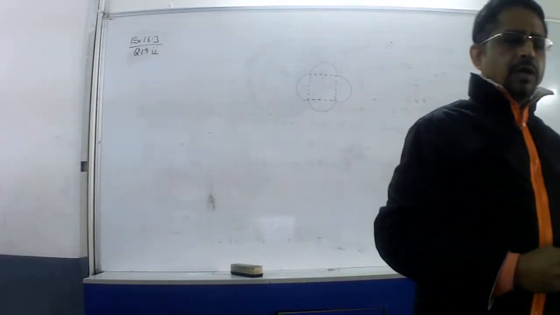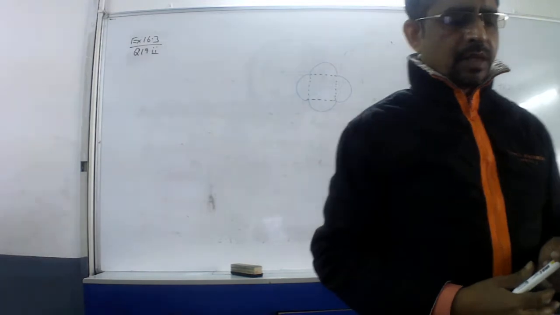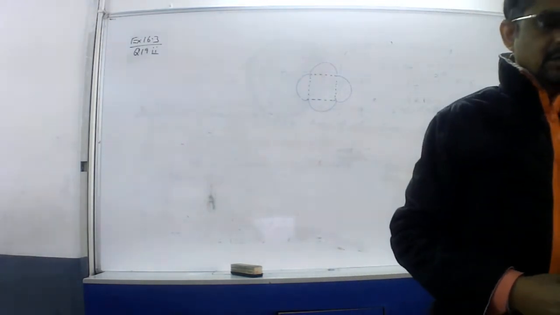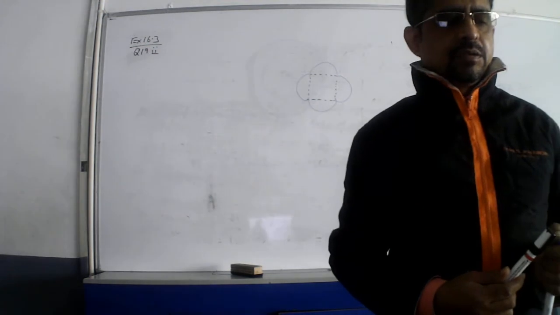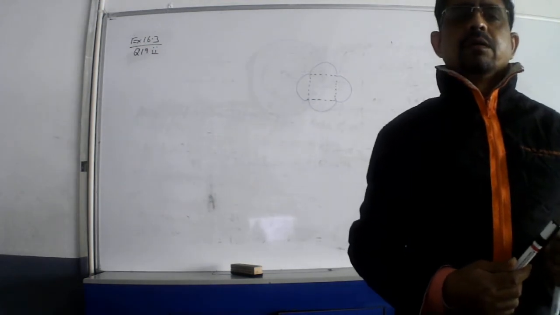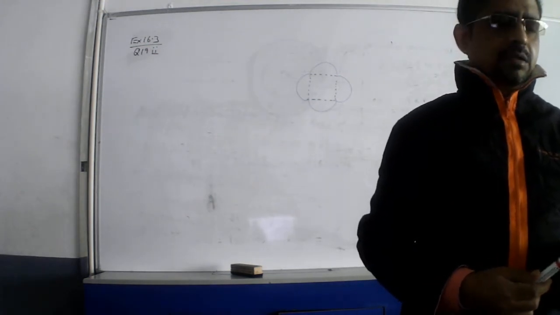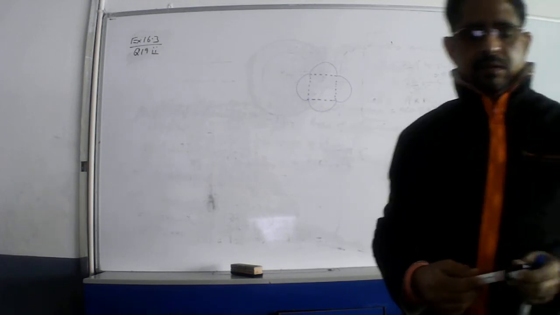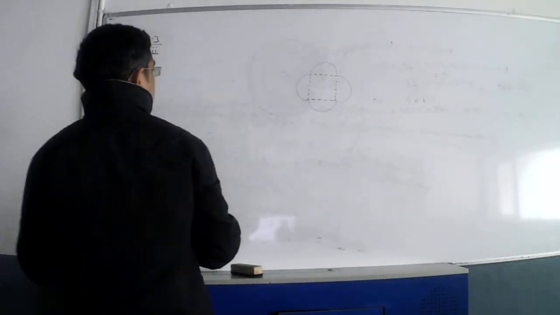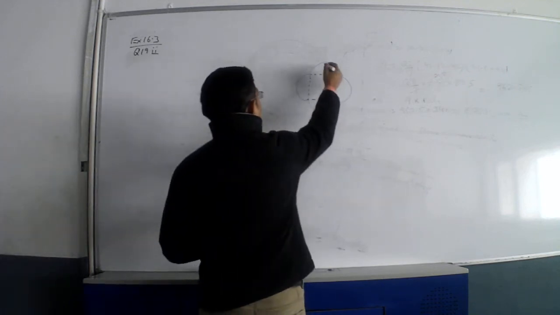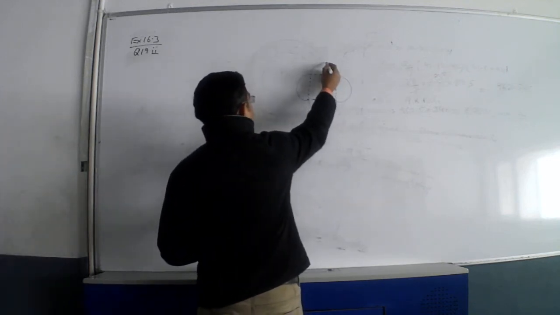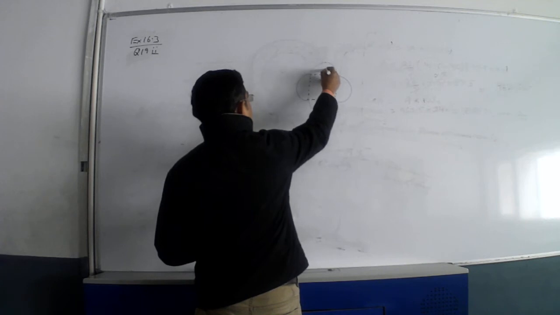Now what values are given in the question? If you notice, you are not given any value in the question, but you are given this length from this point to this point.